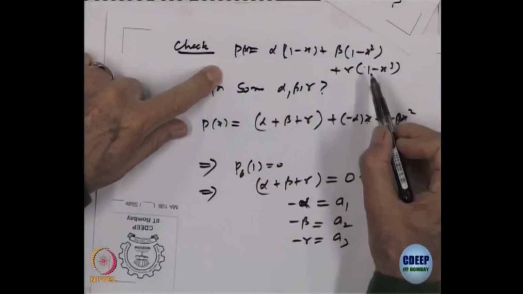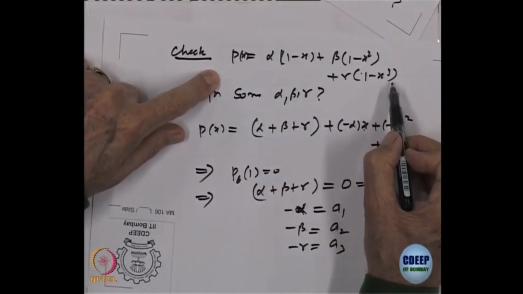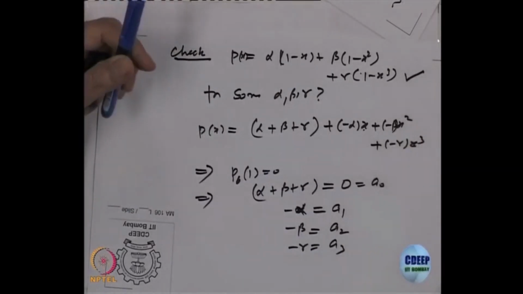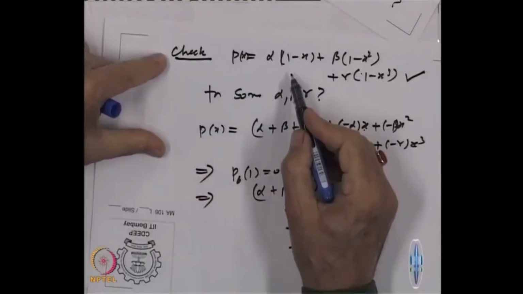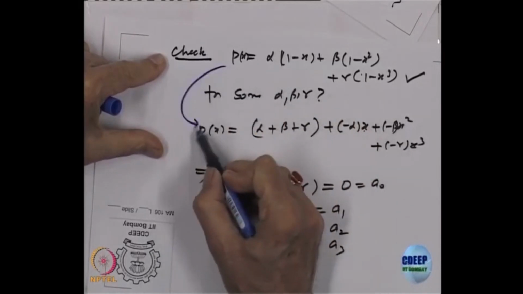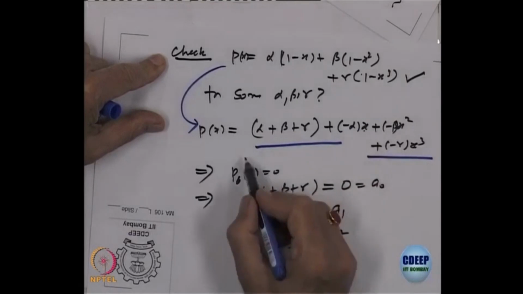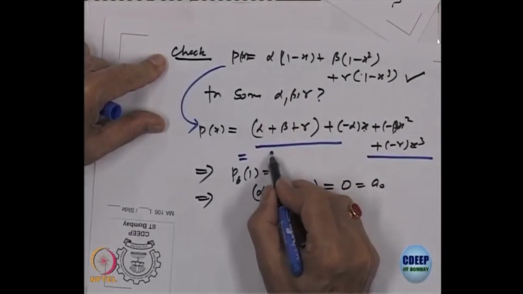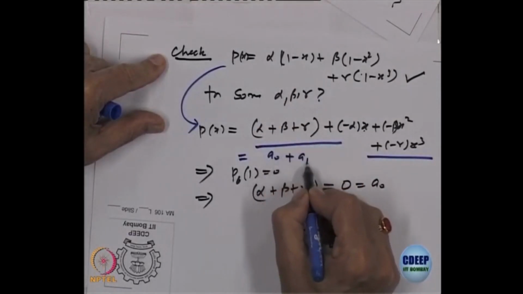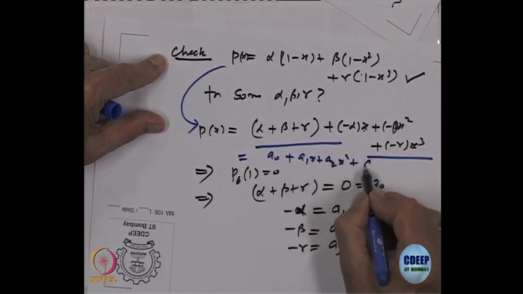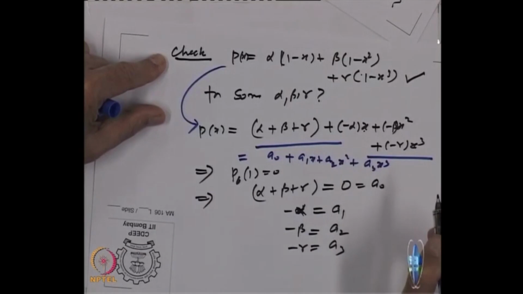If P(x) has to be a linear combination, then this must be true. When I write this as a polynomial, this is nothing but P(x), but this polynomial is also equal to, we have assumed, a0 plus a1 x plus a2 x square plus a3 x cube.